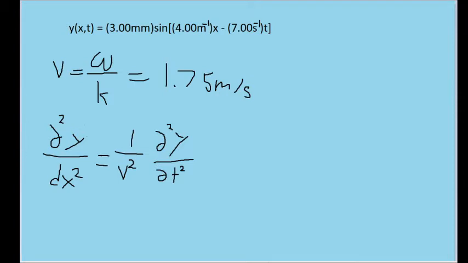This is our wave equation. This is what we're asked to use to find the speed of the wave. So now that we've defined the wave equation properly, let's solve this problem in the proper way.